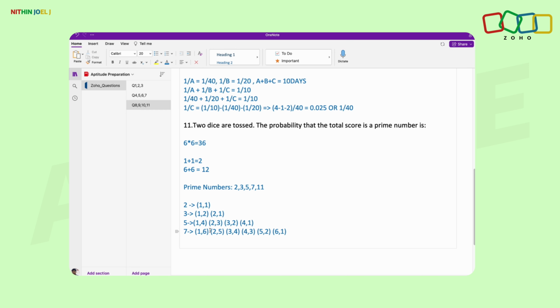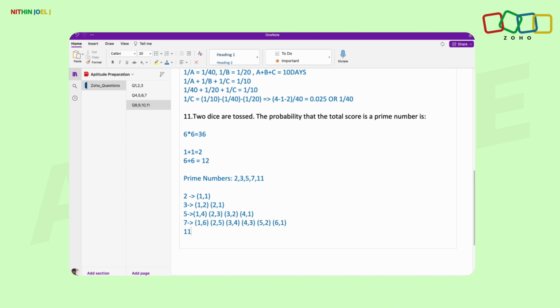So we have 1, 2, 3, 4, 5, 6. We have 6 ways to get 7 from both the dice. So at last we have 11. For 11 we have only 2 ways, which is 5, 6 and 6, 5. So only 2 ways we have for getting 11.